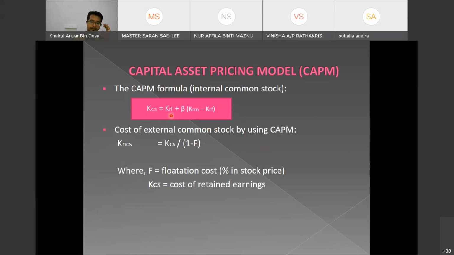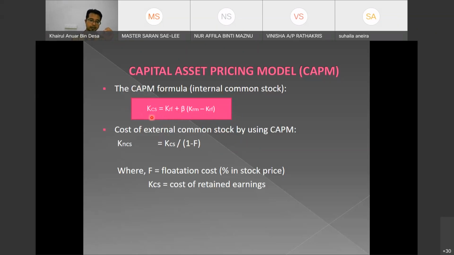K is the expected rate of return. Beta, RM here is the market return, and RF again is the risk free rate. CS is the common stock.